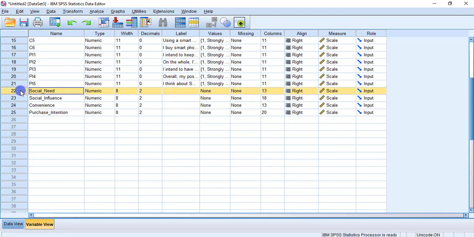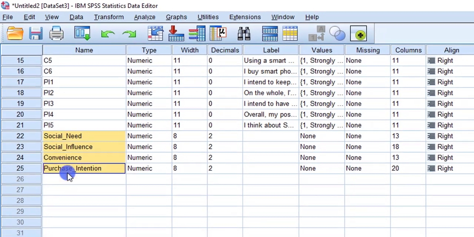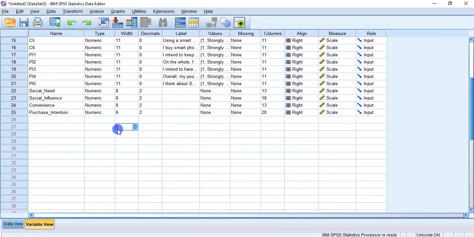Like this is social need. So these are some computed variables. After applying factor analysis, I computed the variables social need, social influence, convenience, and purchase intention. And now I am going to apply regression analysis on these 4 variables. So let's start the process.